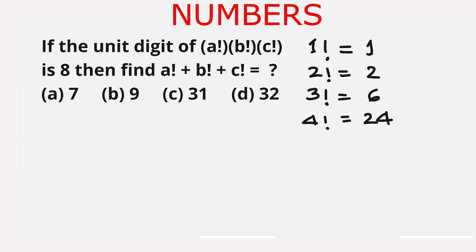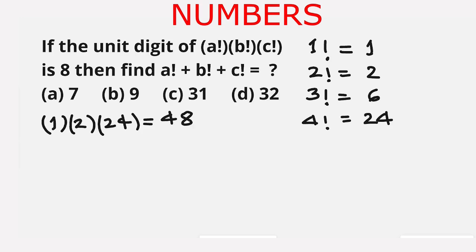So we take both the options of 1 factorial, 2 factorial and 4 factorial, and 2 factorial, 3 factorial and 4 factorial. So 1 factorial is 1 multiplied by 2 factorial is 2 multiplied by 4 factorial is 24, and 24 times 2 is 48, and 48 times 1 is 48.